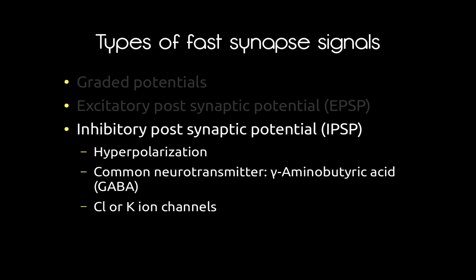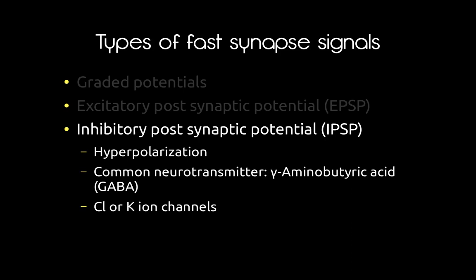Most of the channels used here are either chloride channels, chloride being a negative ion that rushes from the extracellular fluid into the cell, causing it to become more negative and hyperpolarizing the cell. The other is a potassium ion channel. As we let the potassium ions back out of the cell, taking their positive charges with them, that causes hyperpolarization in these cells.